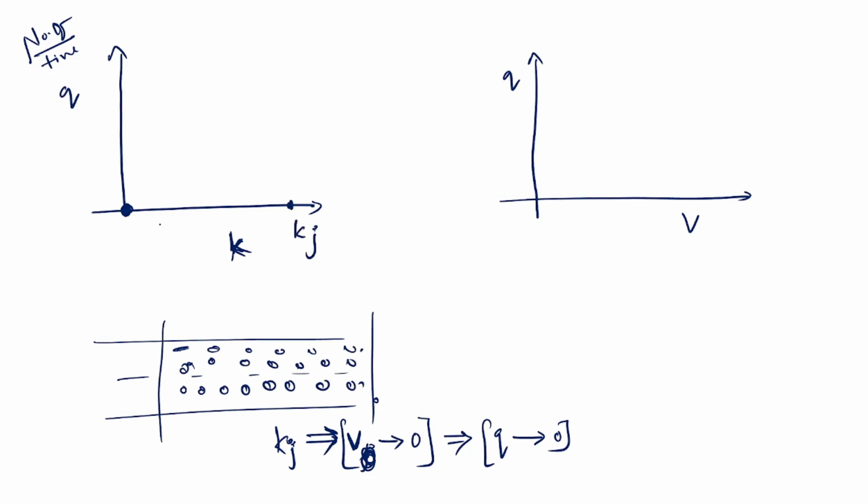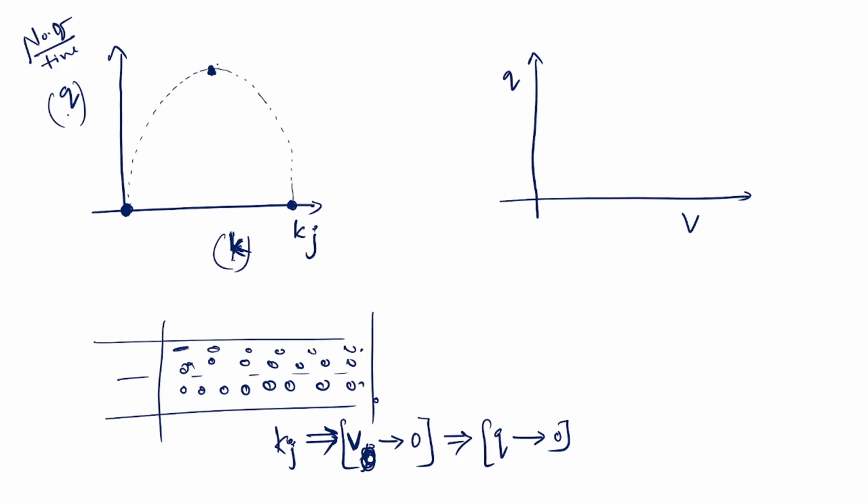But there is a certain point, and what we know is Q and K should be linked with a parabolic function, and there are 2 points which are on the same line. The other point should be somewhere like this, and those should be connected with the parabolic function which we know already.